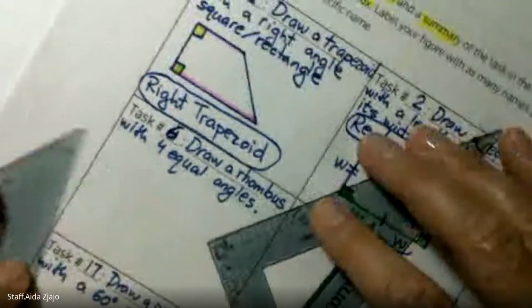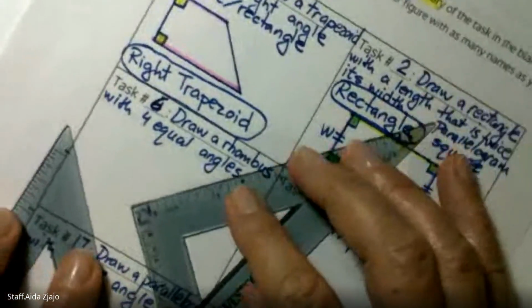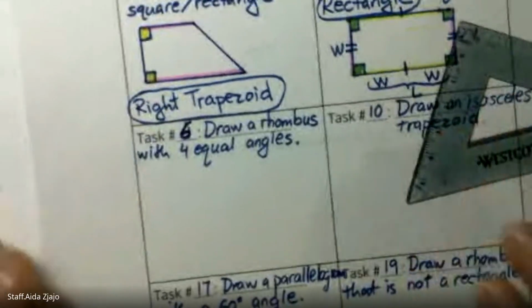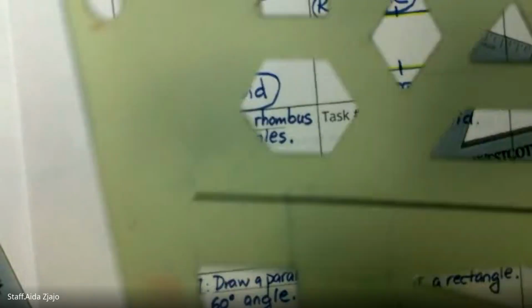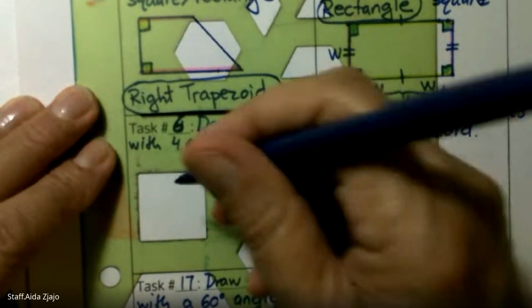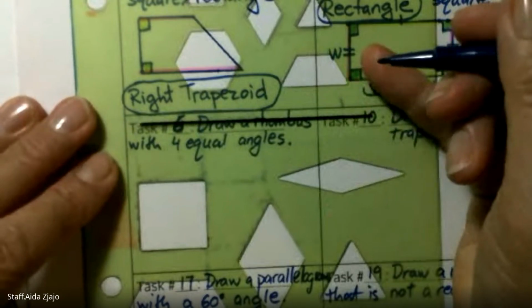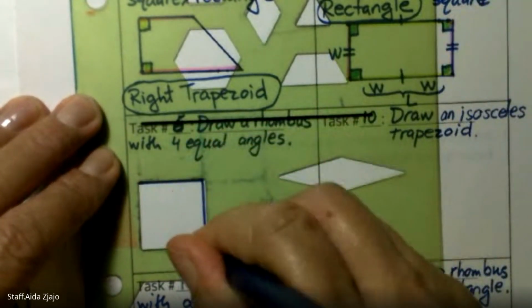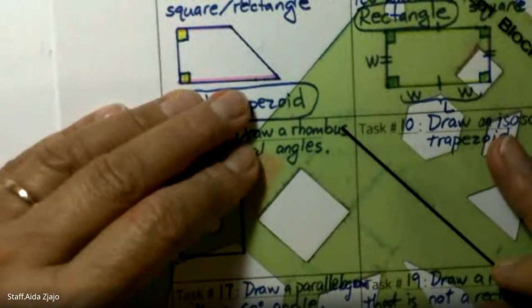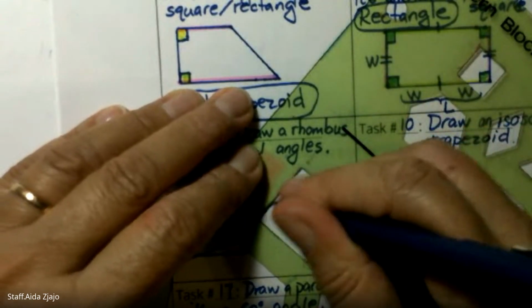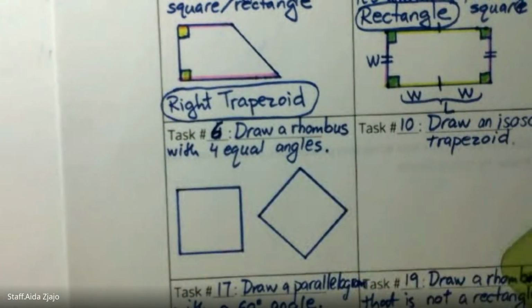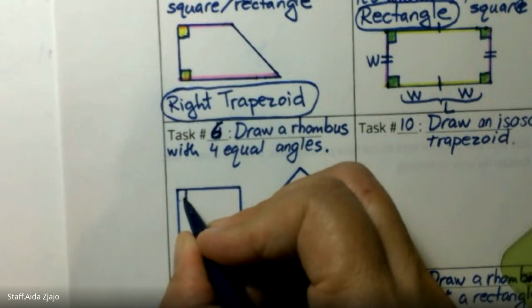I'm going to turn the square around, shift it, so you can see it's the same shape, but it has 4 equal right angles.